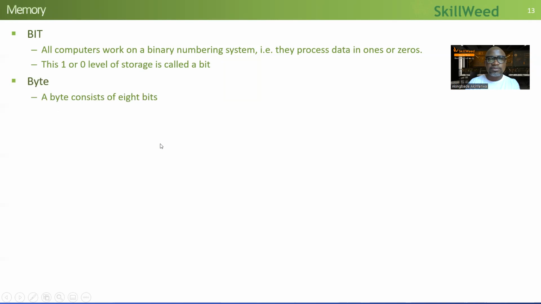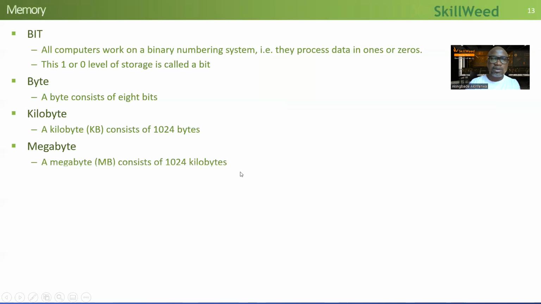Bytes consist of 8 bits. So it means we would have multiple zeros and ones, eight times. Kilobytes get much more expansive, 1,024 bytes. The world has changed. These things are just crazy right now. The way it's less expensive to implement these devices, you see gigabytes.